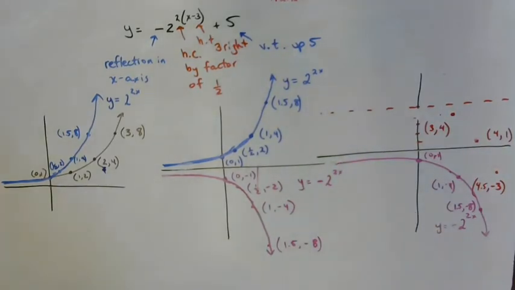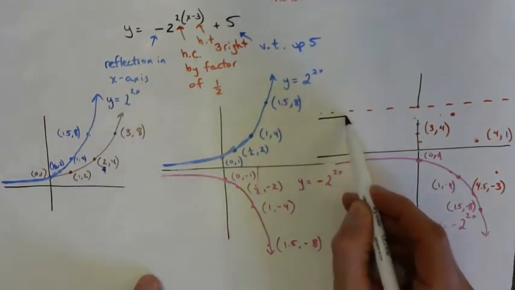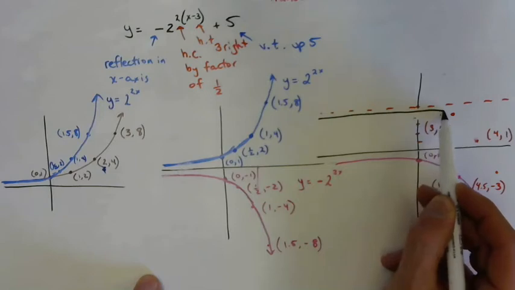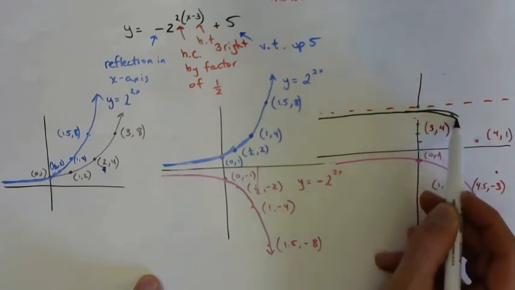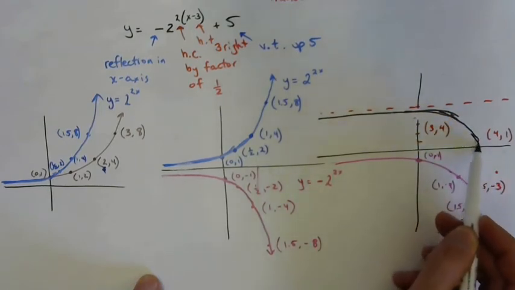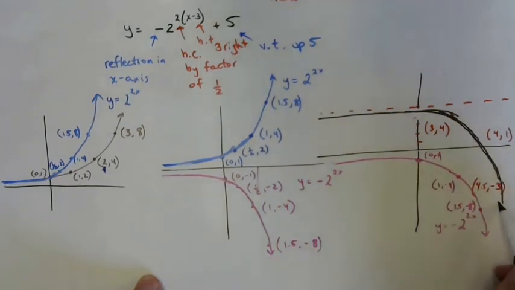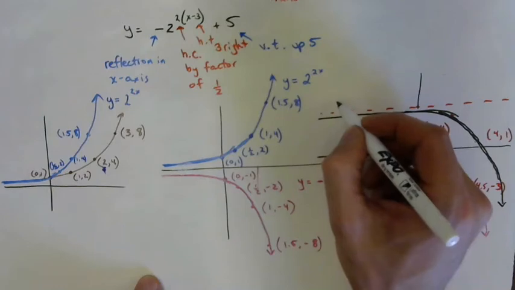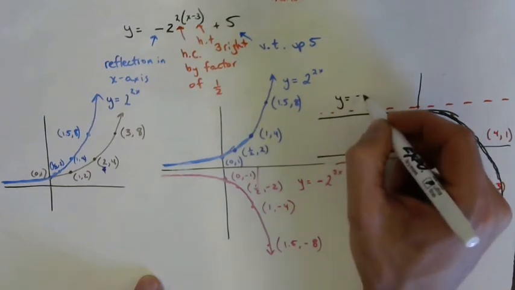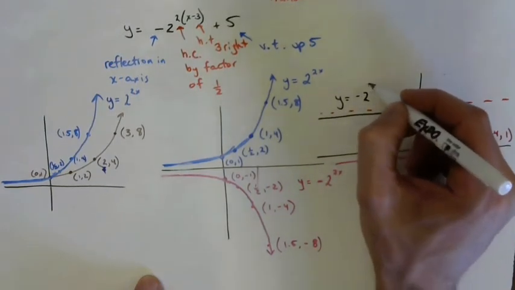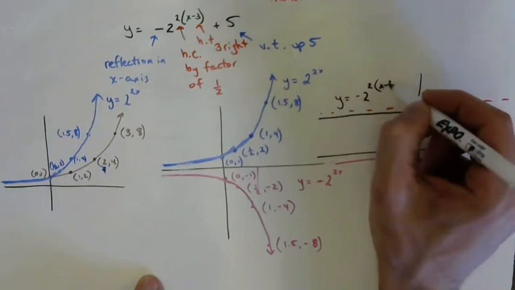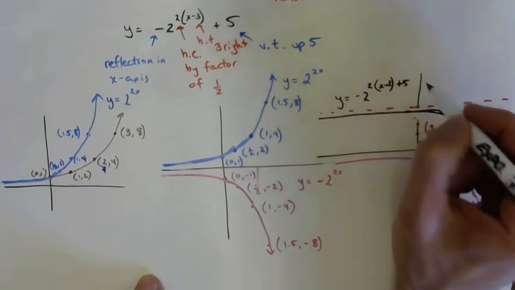And then I can draw my new curve, which comes like this, and then curves down pretty steeply. And that new graph is y equals negative 2 to the power of 2 times x minus 3, plus 5.